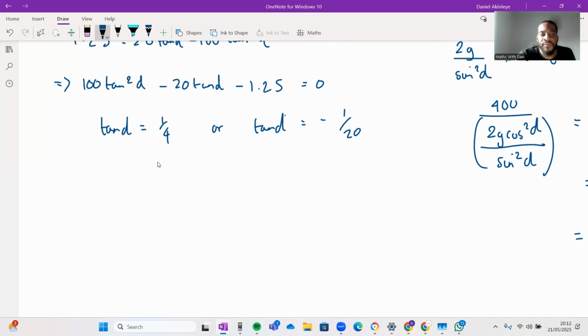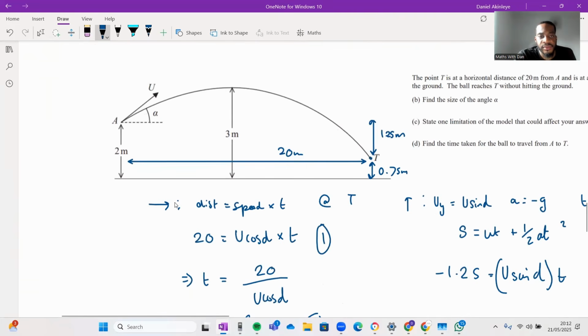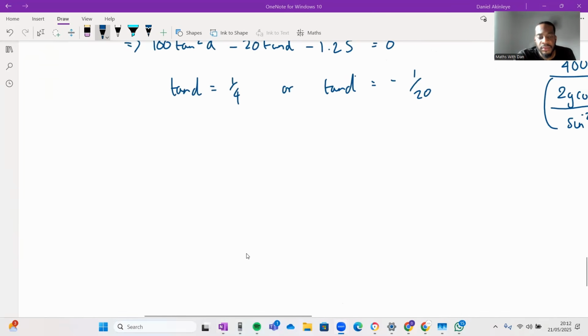Now remember, alpha is what type of angle, guys? Yeah, it's acute, isn't it? Alpha is an acute angle, so it's in what quadrant? Exactly, the first quadrant. So we're going to use this one because it's positive, and we're going to disregard that.